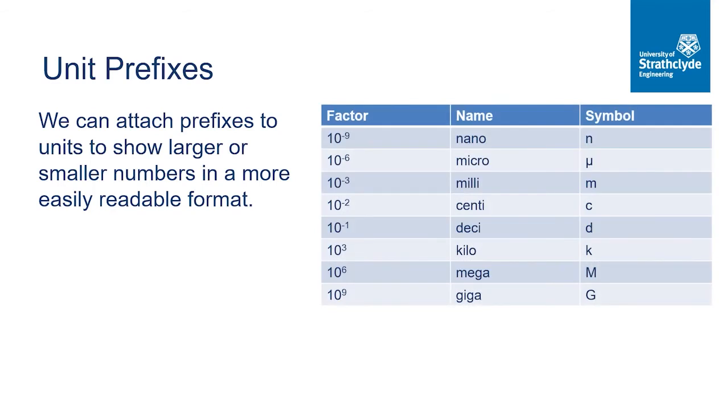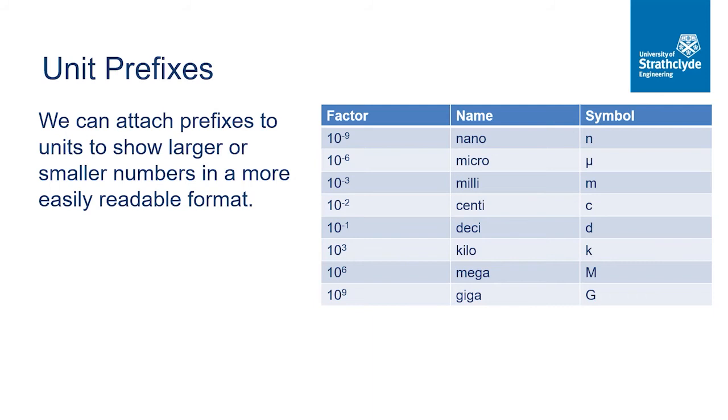Generally, these are the factors that are represented by these unit prefixes. We have nano, which represents 10 to the minus 9, and we usually put the symbol n in front of our units. Another example is the kilo. 10 to the power 3, which is 1,000, is representative of a kilo, and that is given the symbol k in front of the unit.